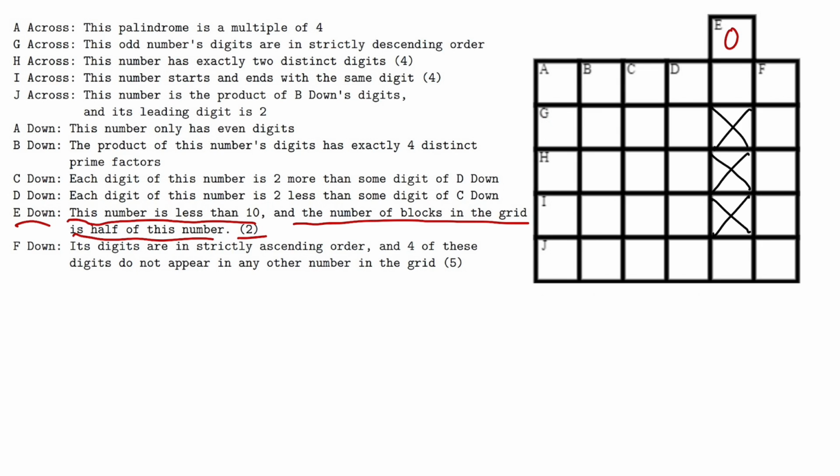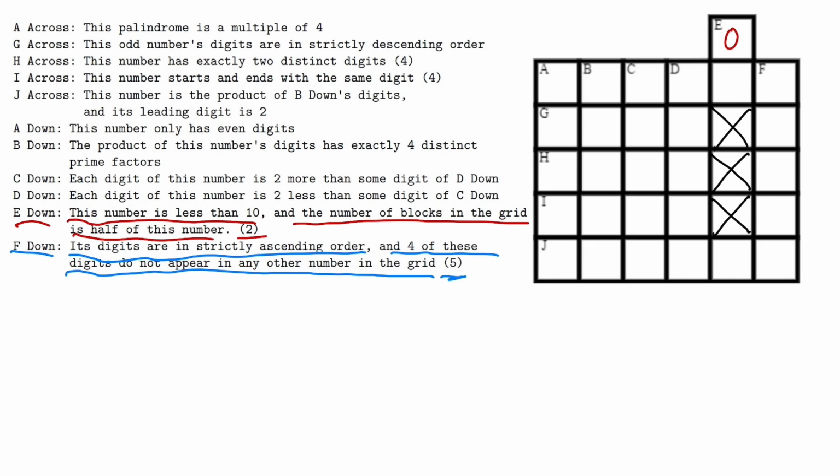Let's actually take a look at F down as well. This right here is also kind of tricky and confusing. It says its digits are in strictly ascending order, that means going up, and 4 of these digits do not appear in any other number in the grid. And we have 5 digits.